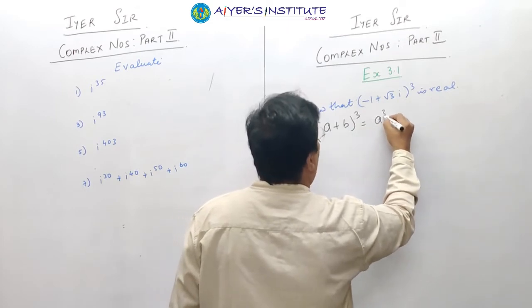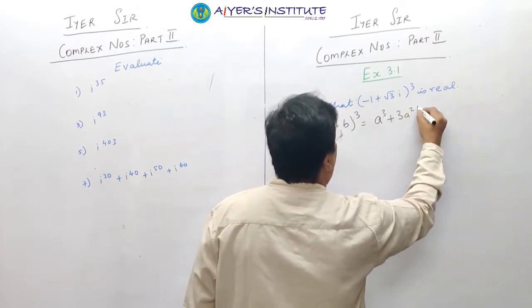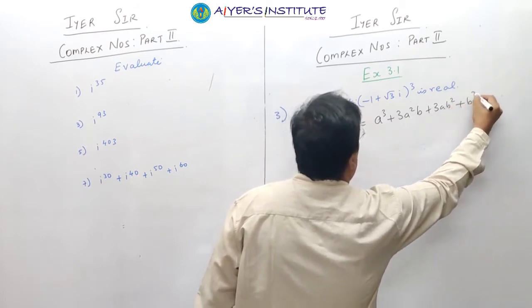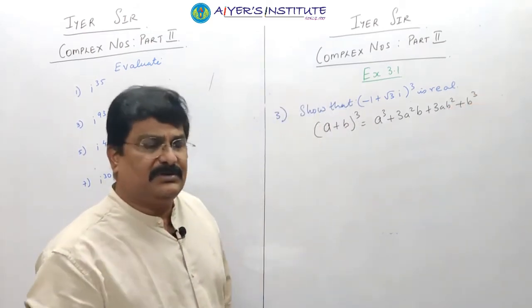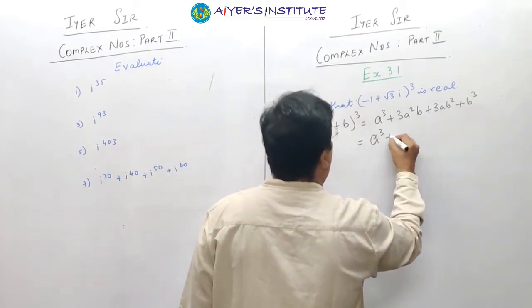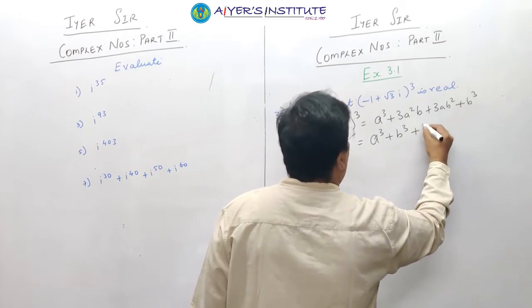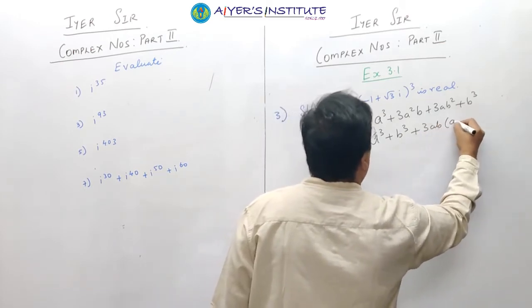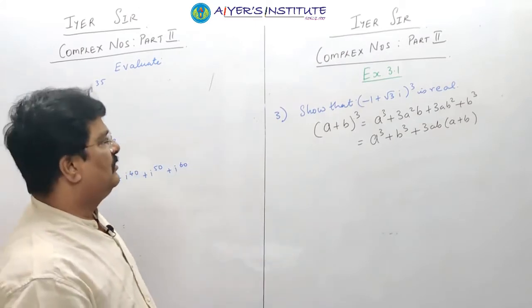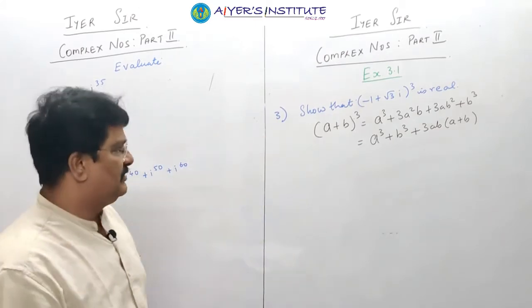Simple form is a cube plus 3a square b plus 3ab square plus b cube. There is another version, taking common, so it can also be written as a cube plus b cube plus 3ab into a plus b. Now whichever version you want to use, use it, and we will do the expansion.